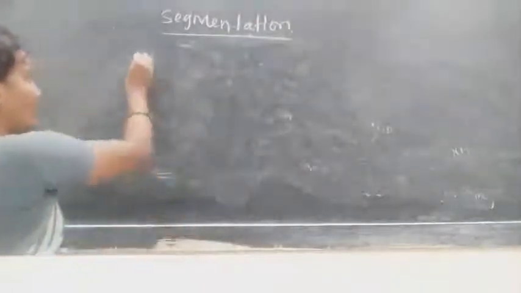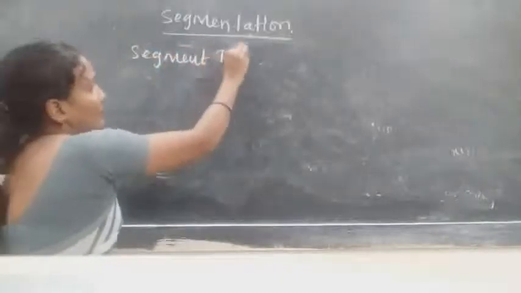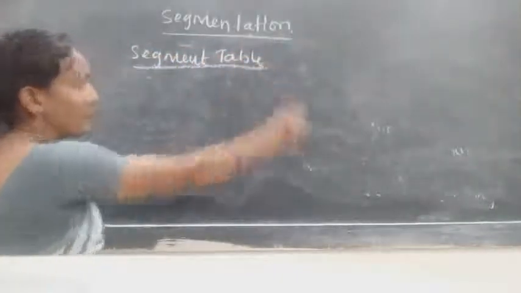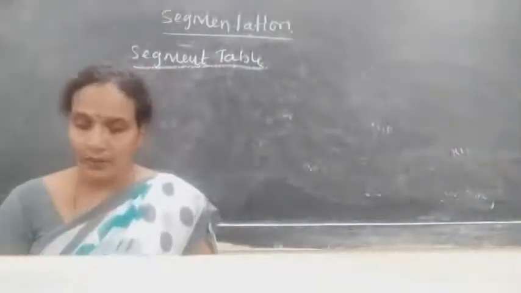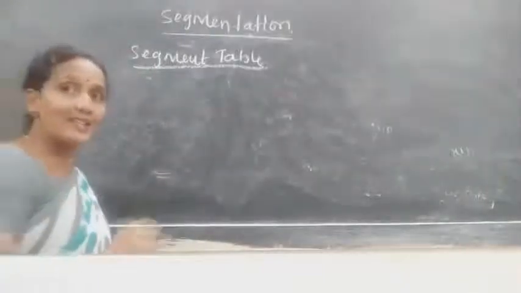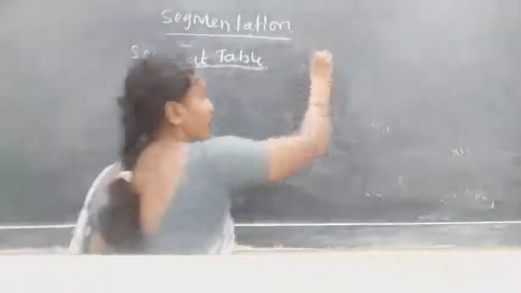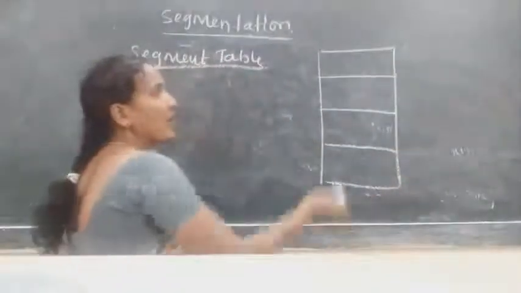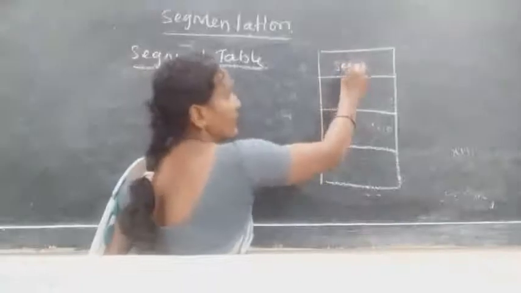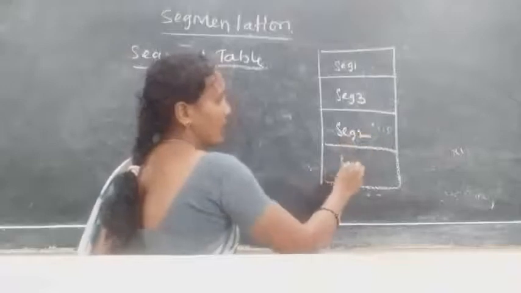Here we have a topic called the segment table. In the segment table we'll store all the segments and the size of each segment. As I already said, this is the primary memory. The primary memory is divided into parts, for example segment 1, segment 3, segment 2, segment 4.